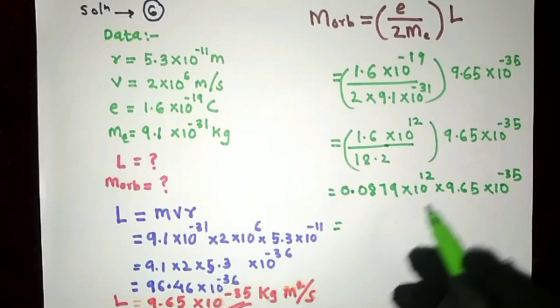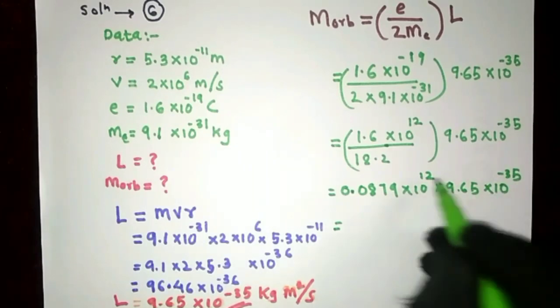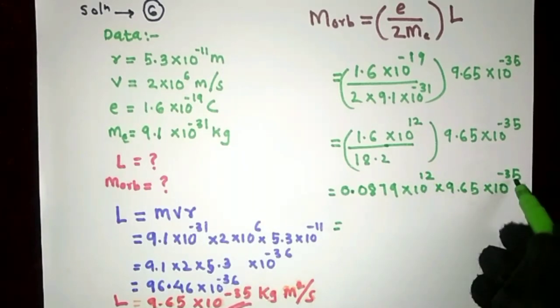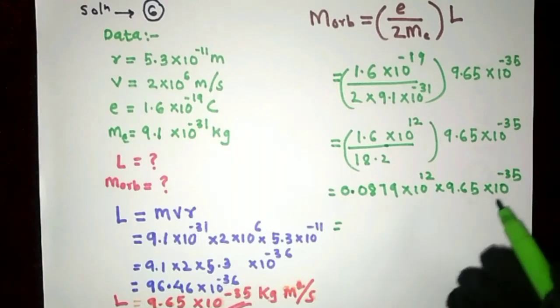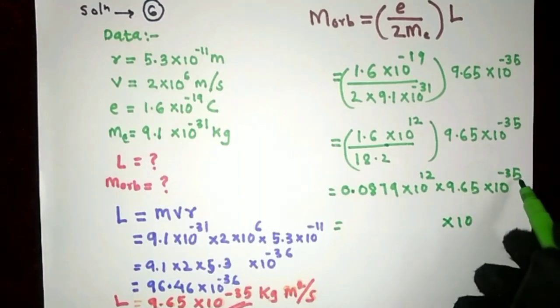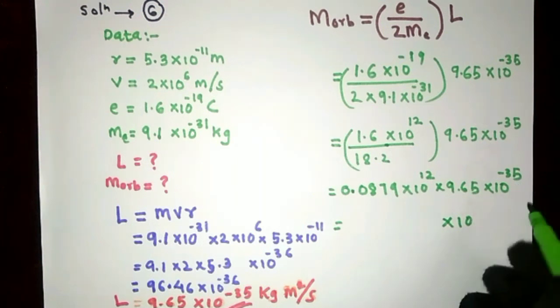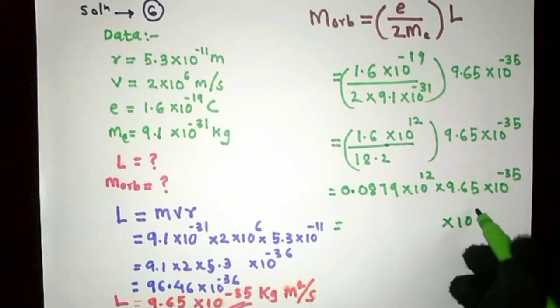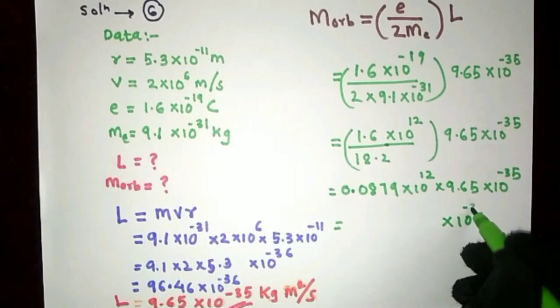First let's simplify the power, plus 12 and minus 35, that is minus 23.